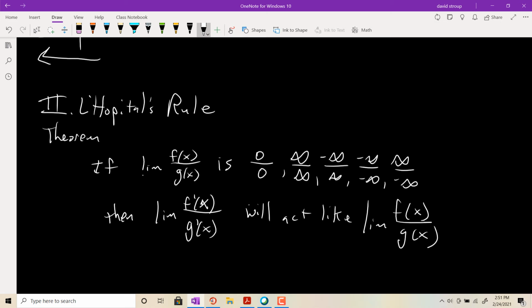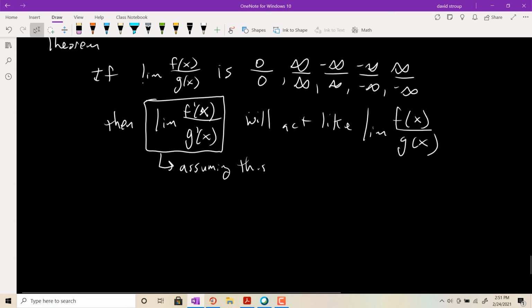Okay. Assuming that you can actually evaluate this thing, so assuming this exists, or even if it's infinite, that's okay too.